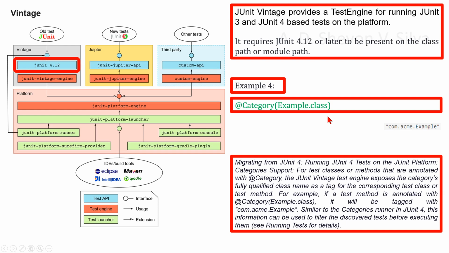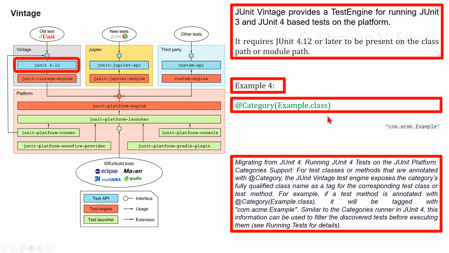Now we are considering category support in running JUnit 4 tests on the JUnit Platform, in migrating from JUnit 4. For test classes or methods that are annotated with @Category, the JUnit Vintage test engine exposes the category's fully qualified class name as a tag for the corresponding test class or test method.